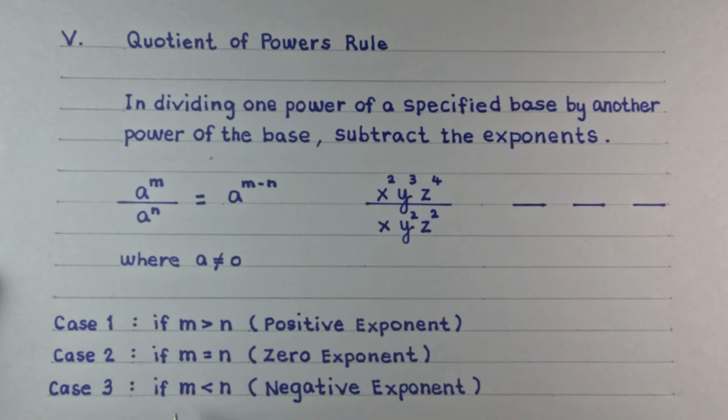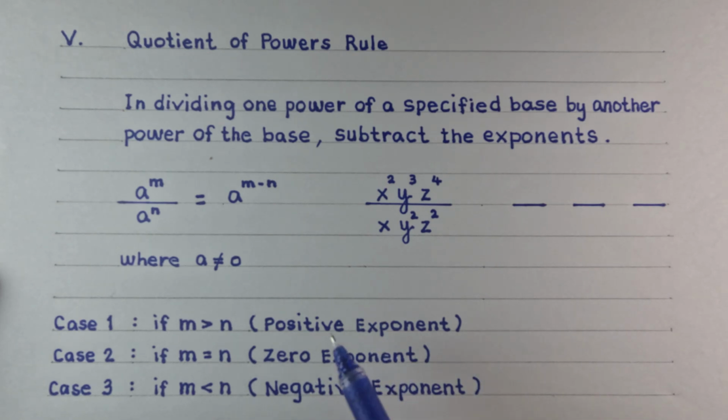Now, the third case is if m is less than n, it yields a negative exponent. Now, this is another special case where it is regarded as the seventh law of exponents. So it is also called the negative exponent rule.